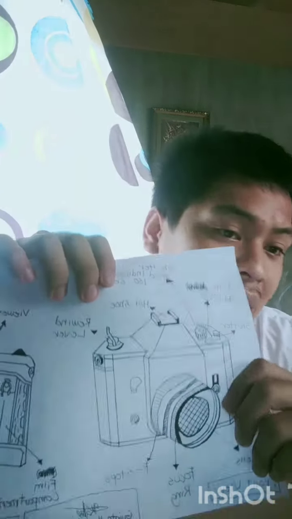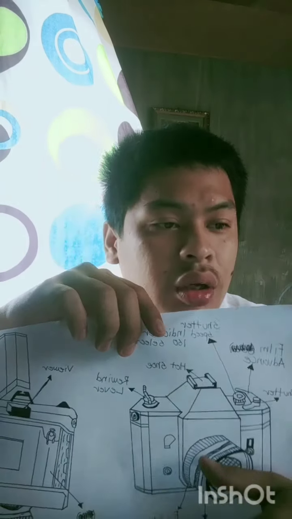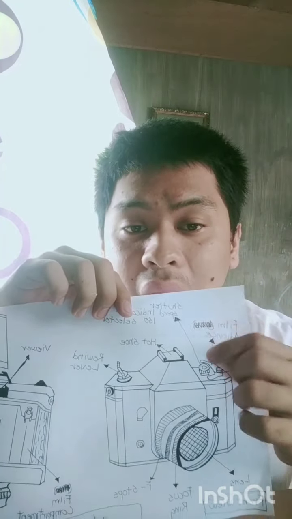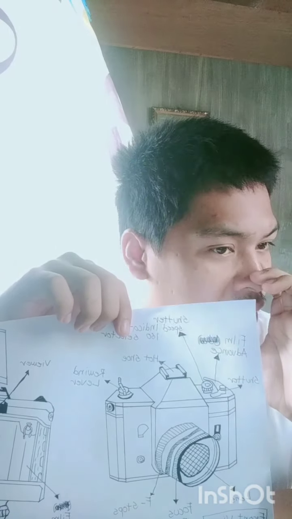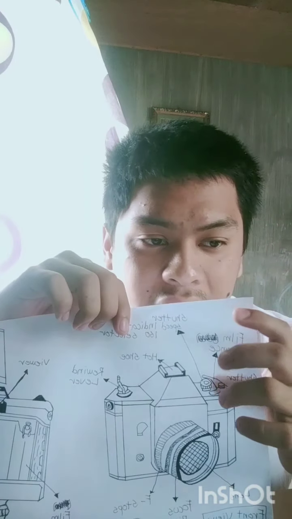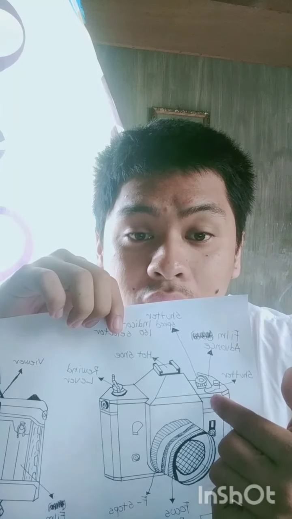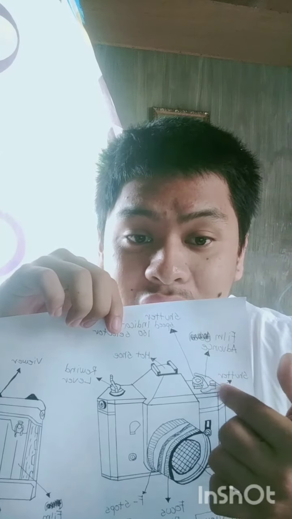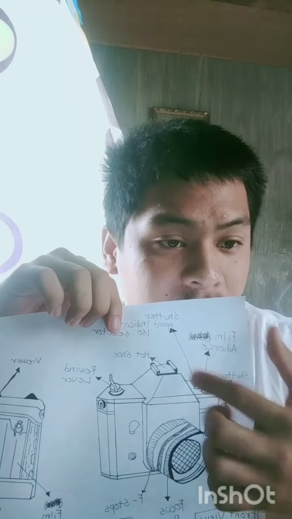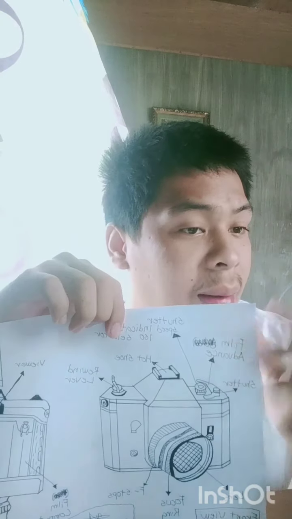So, ang lumalabas dito is ito yung parang support ni shutter. Kumbaga, ito yung what we call this. Siya yung katulong ni shutter speed dial doon sa sinabi ko kanina.